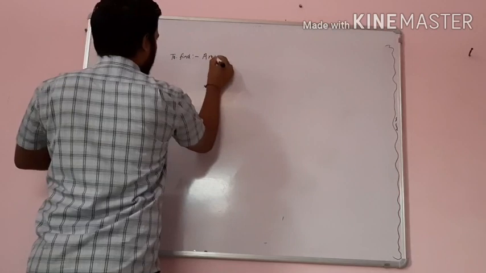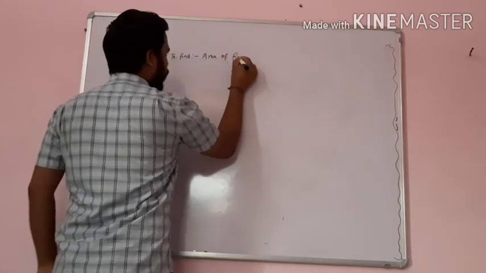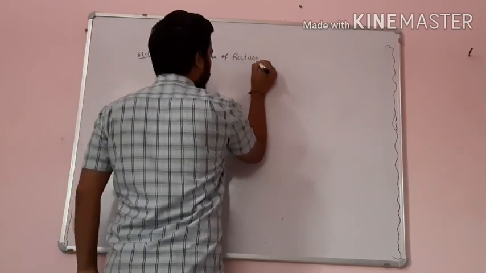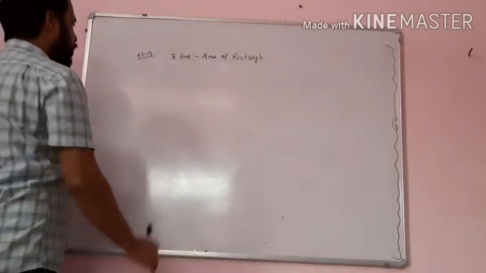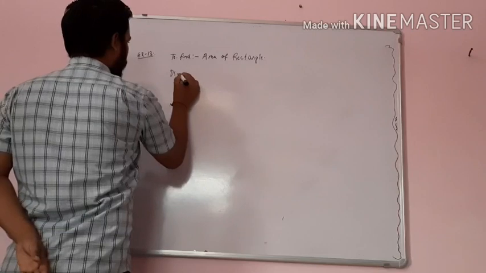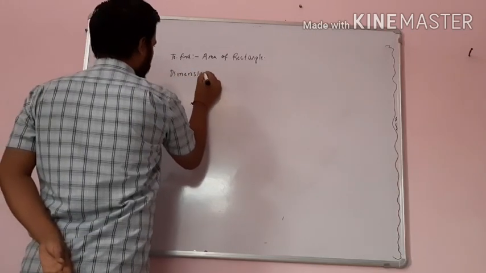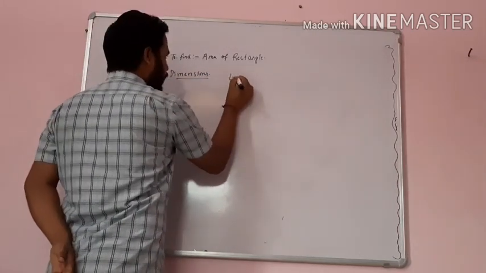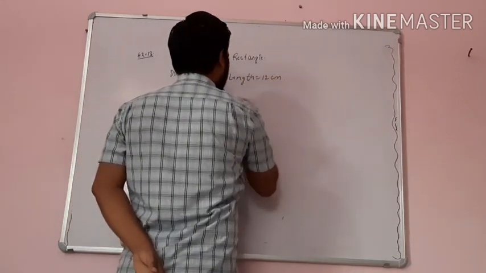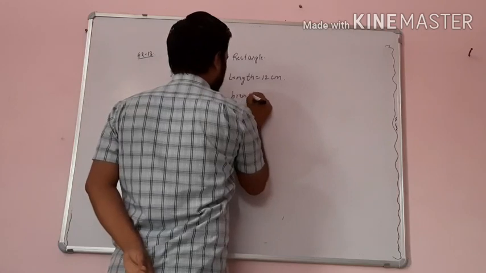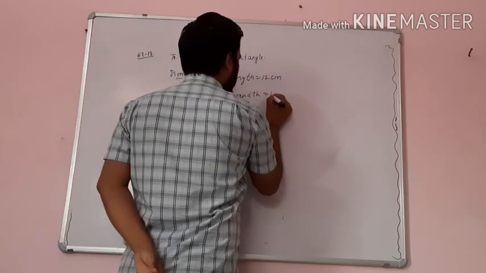In example number 30, we have to find the area of a rectangle whose dimensions are given. Dimensions are, first I am writing length, that is 12 cm, breadth 4 cm.